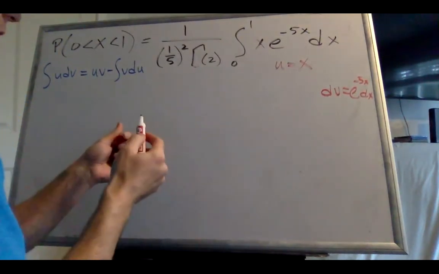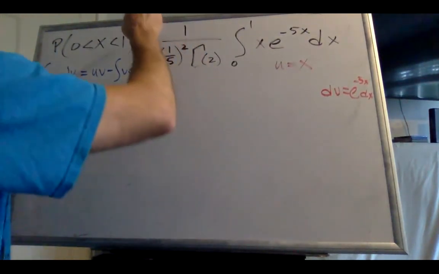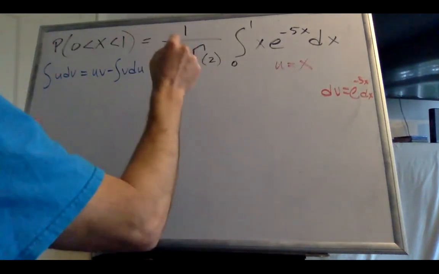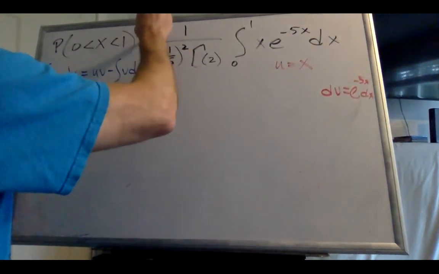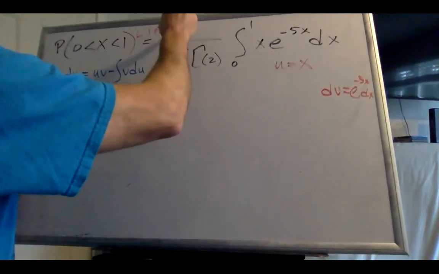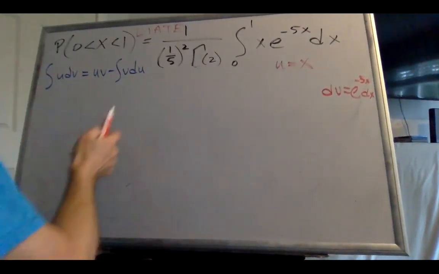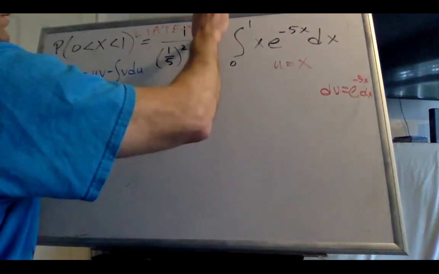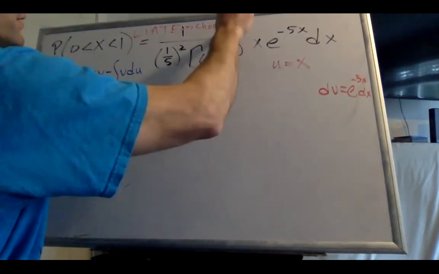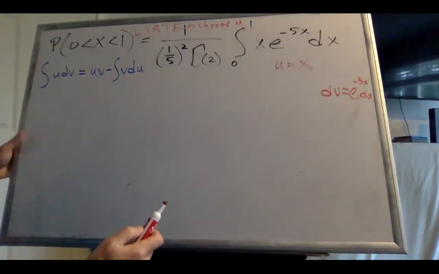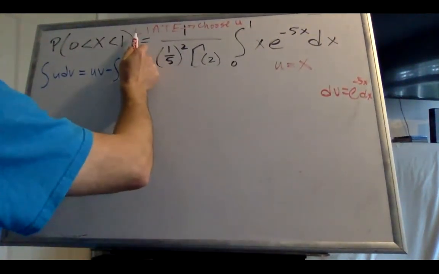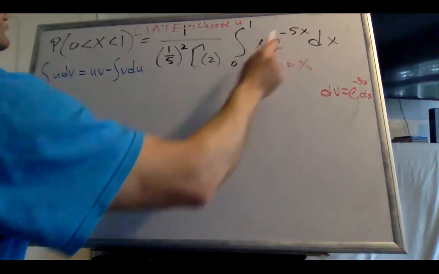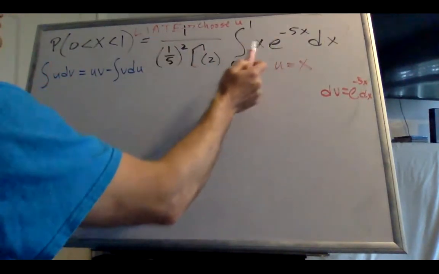Now, how do you pick it? There's an acronym called LIATE, L-I-A-T-E. It's an acronym for choosing u. You probably have heard this in Calc 2. So if you have a log function in here, that's your u. If you have inverse trig, that's your u. It's a priority list.